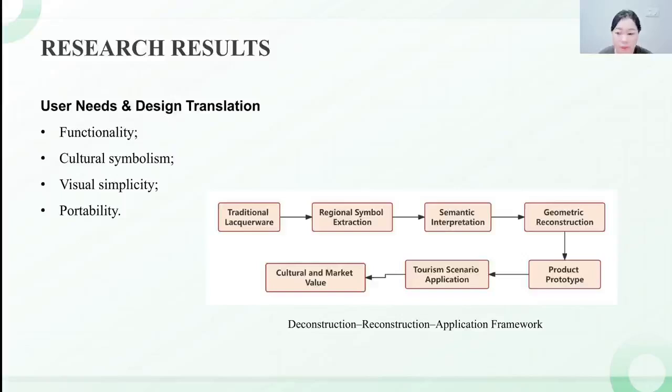Based on these requirements, this study proposed a 3-stage design translation process: pattern extraction, design reconstruction, and product application to facilitate the transformation of traditional cultural resources into modern cultural and creative products.